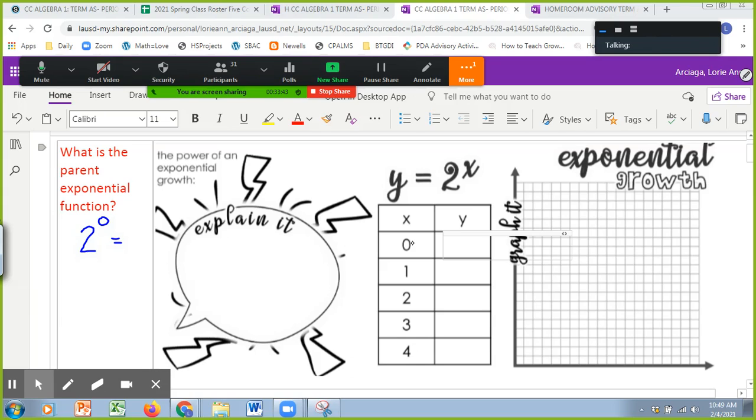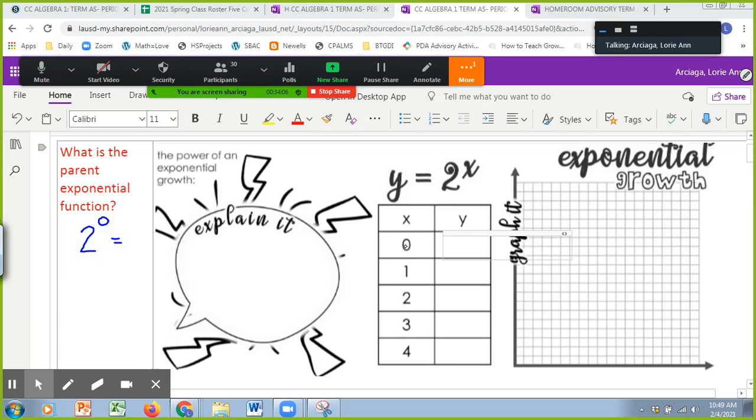Undefined. Okay. If you agree, write undefined. If not, type another answer.